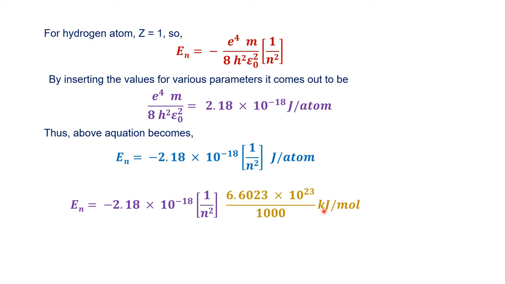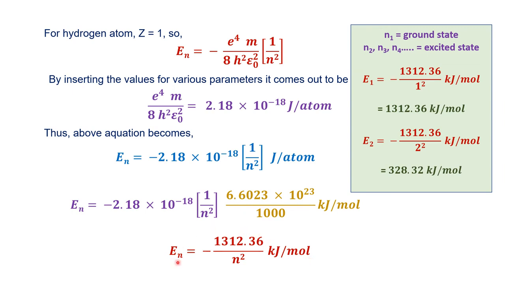So in terms of kilojoule per mole, the formula is En is equal to minus 2.18 multiplied by 10 to the power minus 18, 1 divided by n square, 6.023 into 10 to the power 23 divided by 1000 kilojoule per mole, while in joule per atom the formula is 2.18 into 10 to the power minus 18, 1 divided by n square joule per atom. Now if we multiply this term with this term and divide by 1000, we will get 1312.36 divided by n square kilojoule per mole.